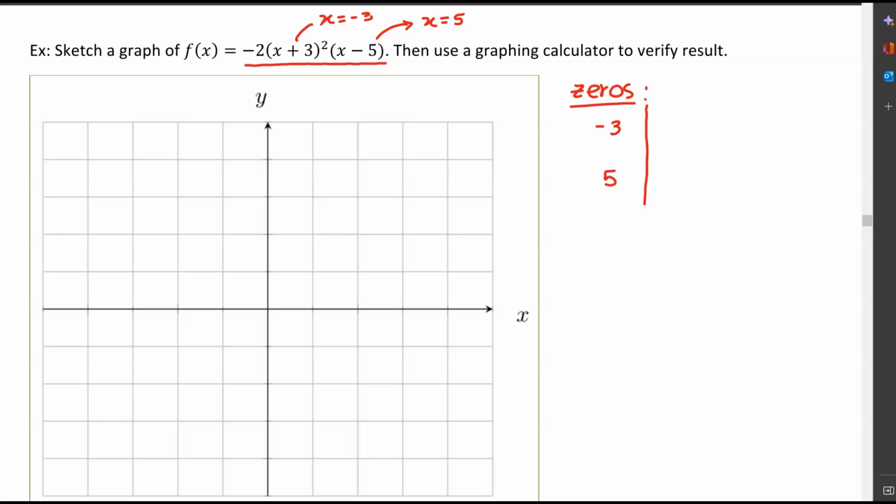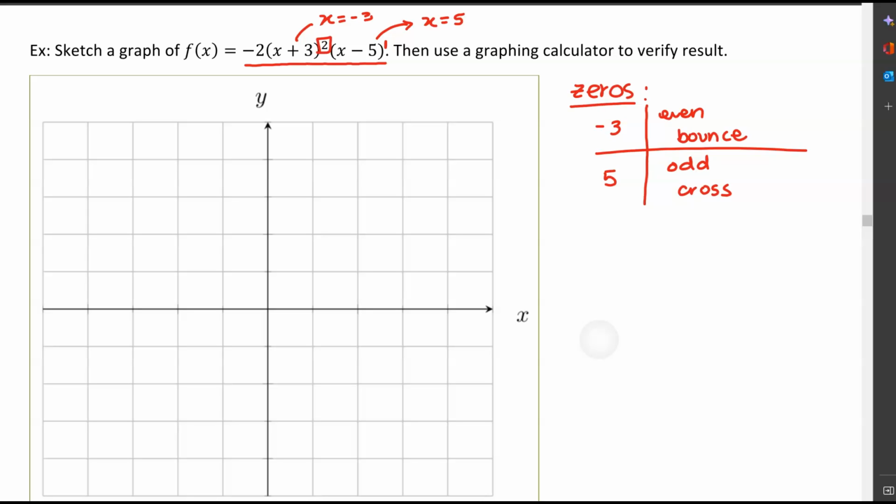What's happening at these zeros? Because this has an even multiplicity, we know that there's going to be some type of bounce. Since this one is odd, we're going to go through, so we're going to cross the x-axis. This is good for us to know, and it is based off of the power here. Notice that we have an even power here, and there's nothing here, which means that that's a 1.